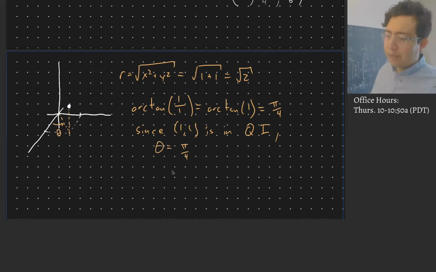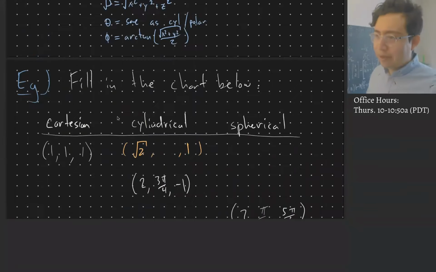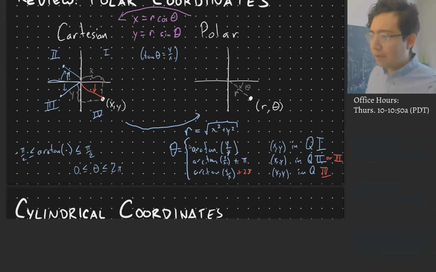If it was in a different quadrant, we'd have to make sense of the angle that we got out of this and figure out how big it is, whether it makes sense for the quadrant it's in. You can use this as your guide. If it's in the second or third quadrant, I just add pi.